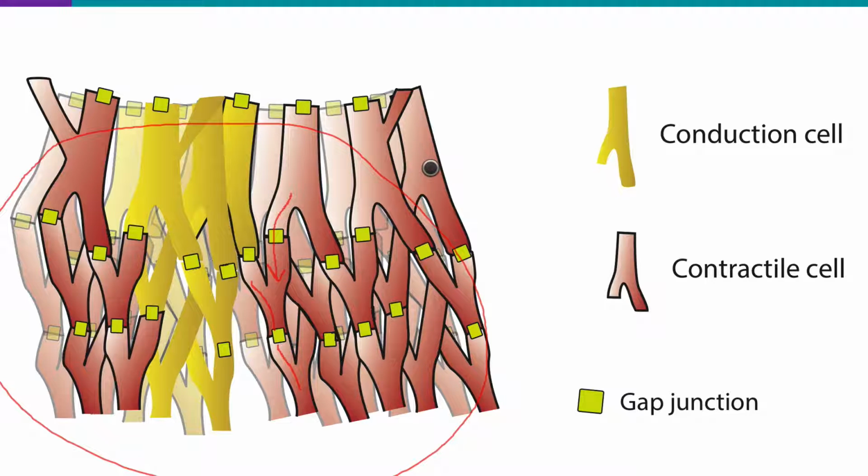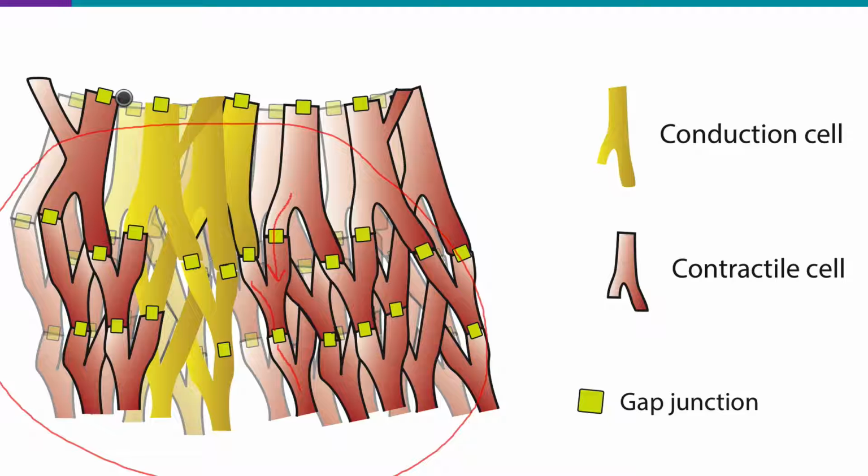Now there is a fundamental difference between conduction cells and contractile cells. The first one is obvious. The contractile cells are good at contracting, whereas the conduction cells contract very little or nothing at all. On the other hand, the conduction cells are capable of transmitting or conducting the electrical impulse very fast. The contractile cells, on the other hand, only allow for slow conduction of the electrical impulse.